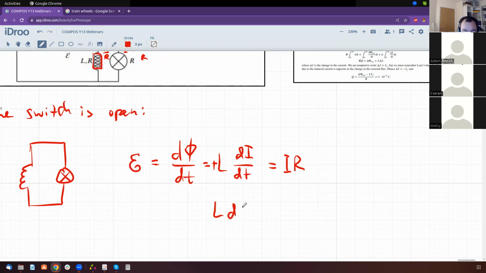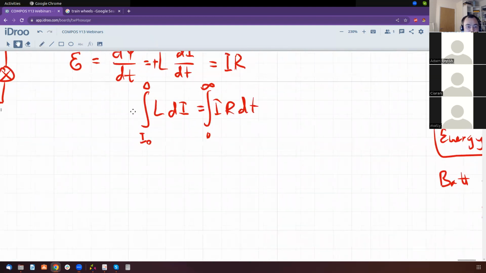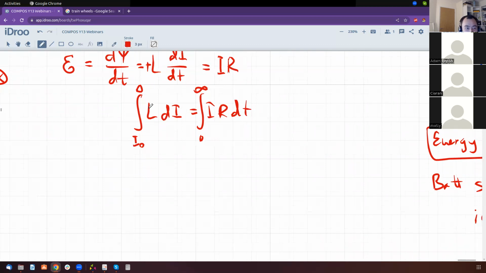So L di equals IR dt. And we integrate this: current goes from I to 0, from initial current to 0, and time goes from 0 to infinity.